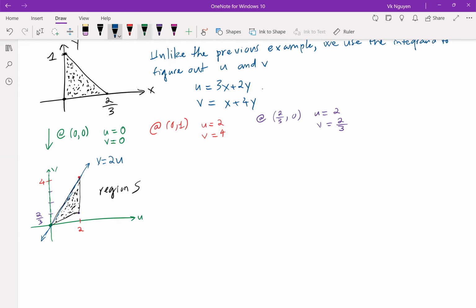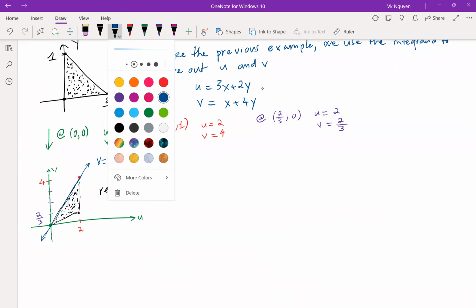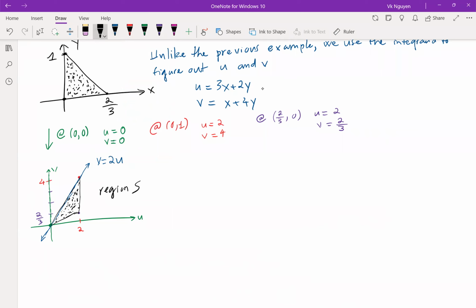And then the other line is going to be v is equal to 1/3 u. Okay, that looks good. We got the region S here.